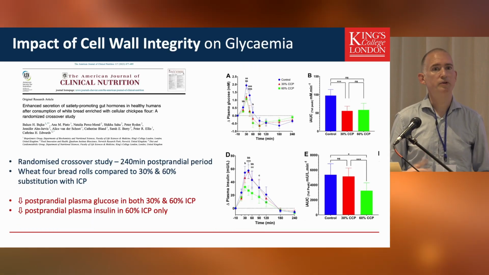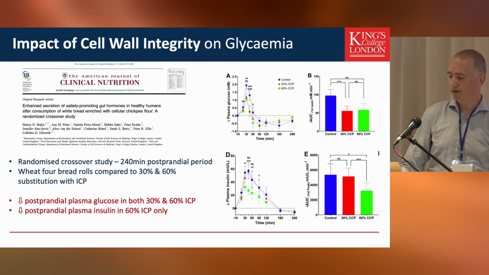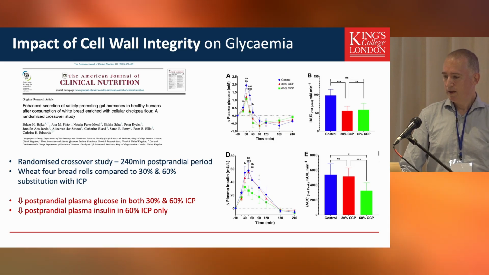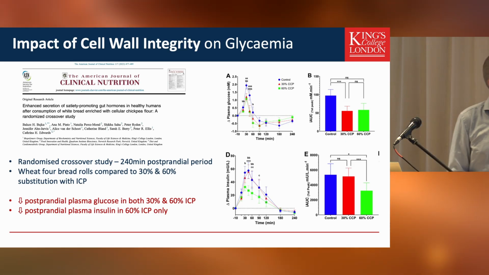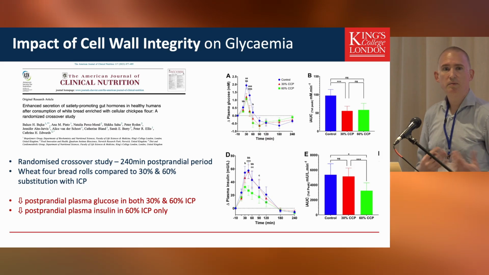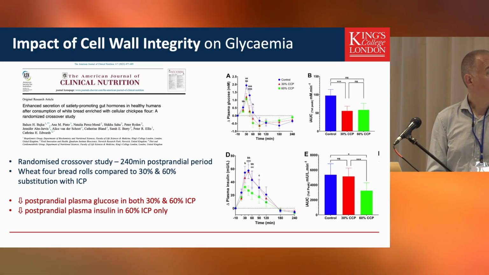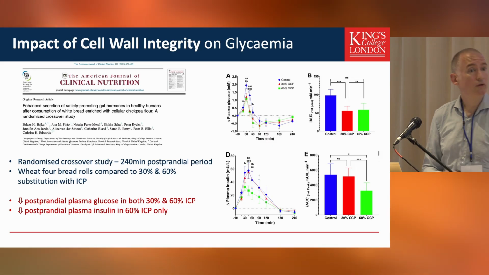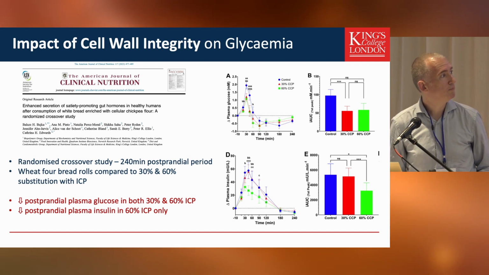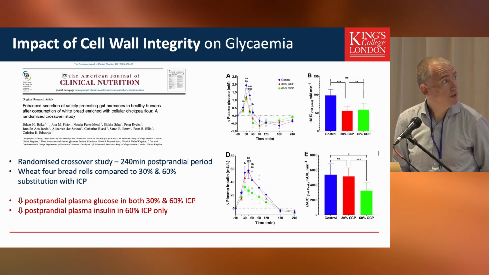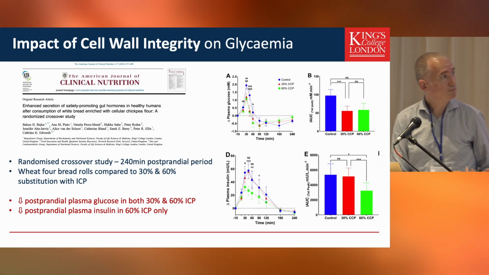And it's significantly reduced as long as the cells remain intact. So we did publish all of this. We demonstrated that including this pulse fibre into bread rolls at 30 and 60%, we saw significant reductions in the plasma glucose response, particularly early on.